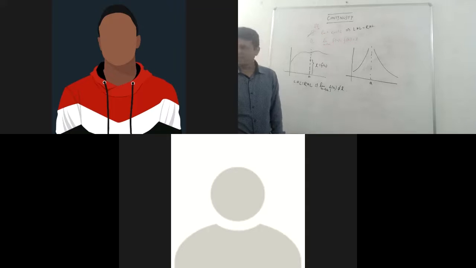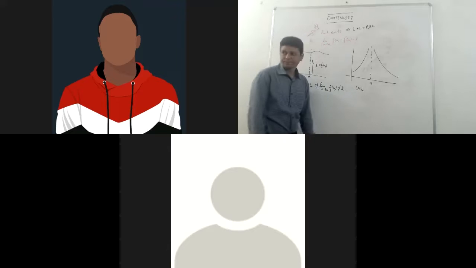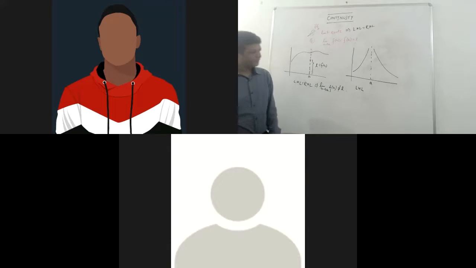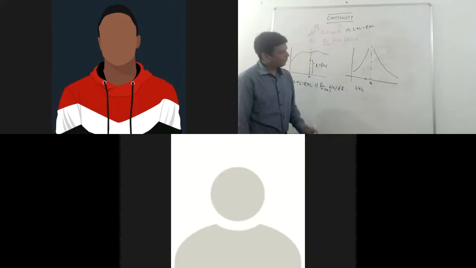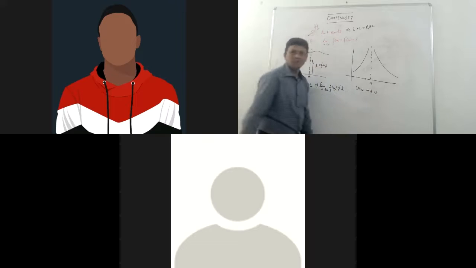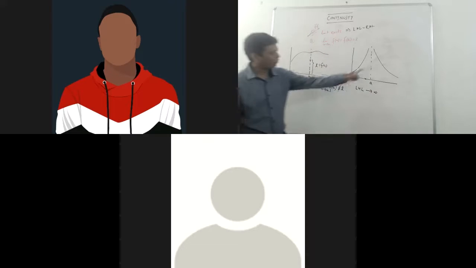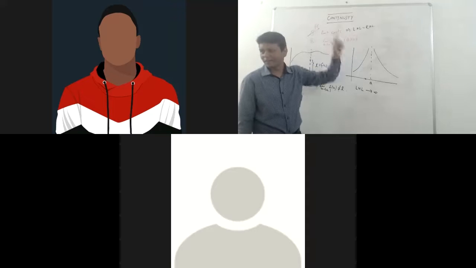What about the limits? What about the left hand limit? If you approach from the left of x equal to a, f(x) goes to infinity, and from the right, both go to infinity. So this is infinite.